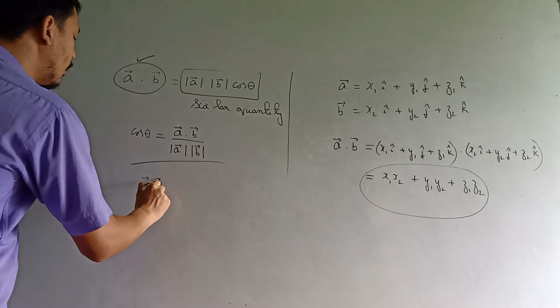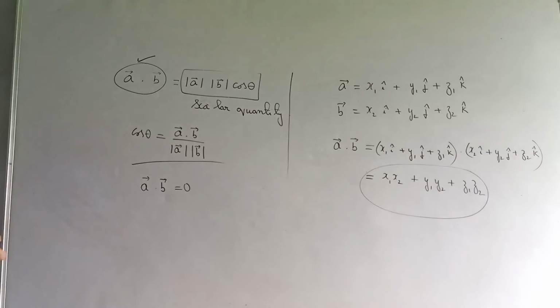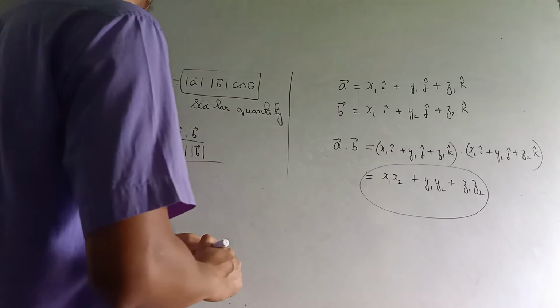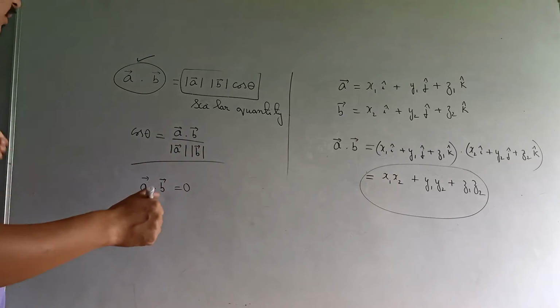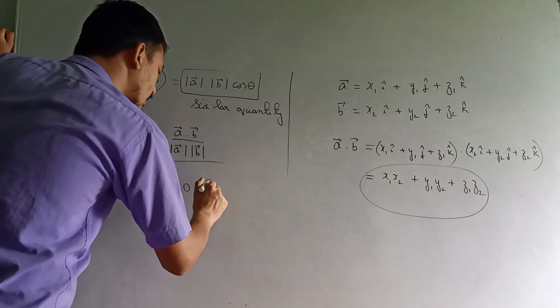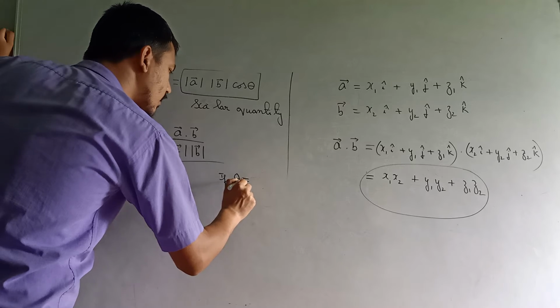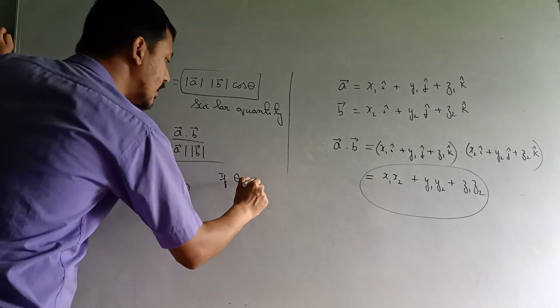A dot B will be equal to 0 under what conditions? If theta is 90 degrees.